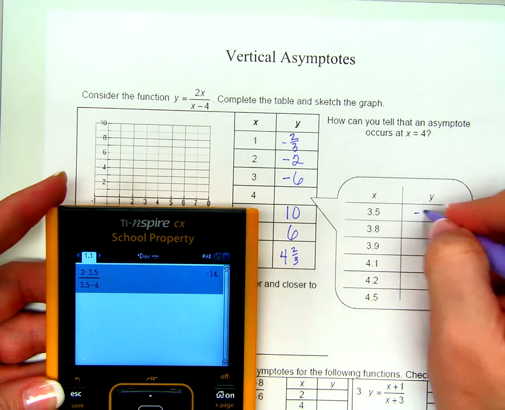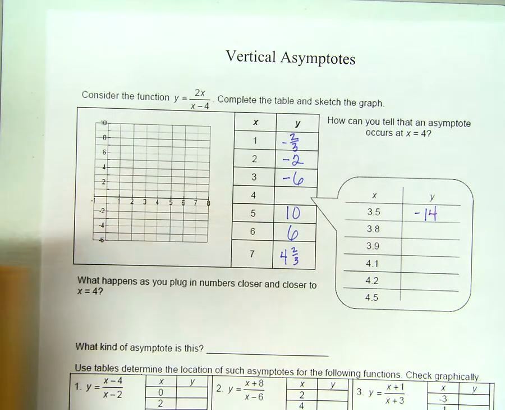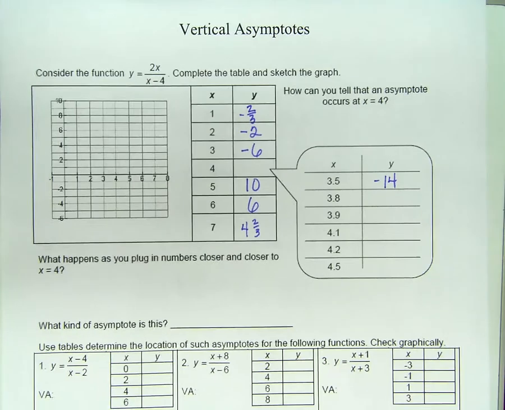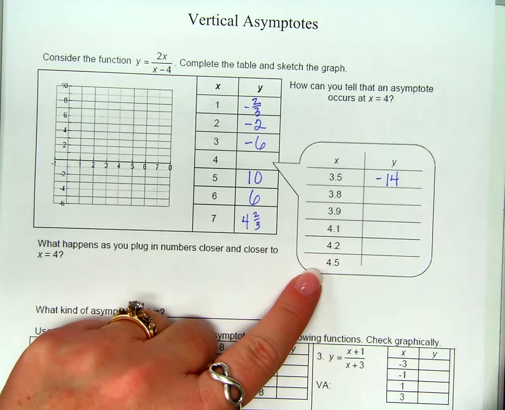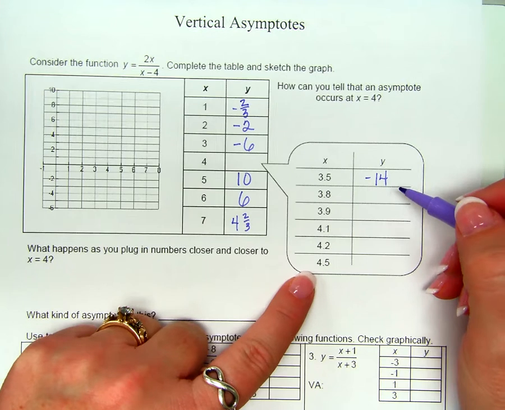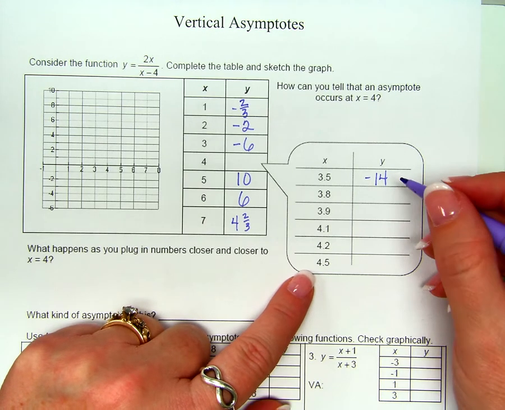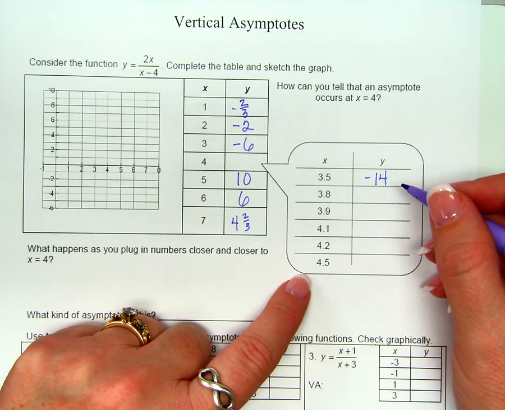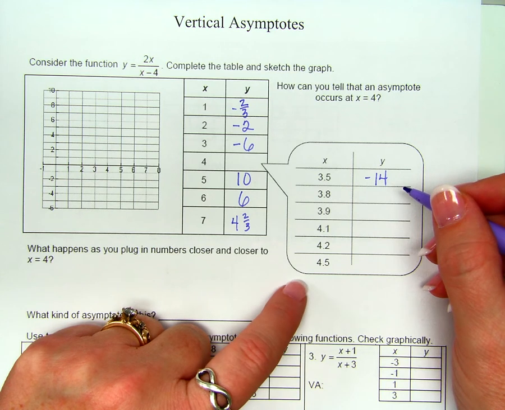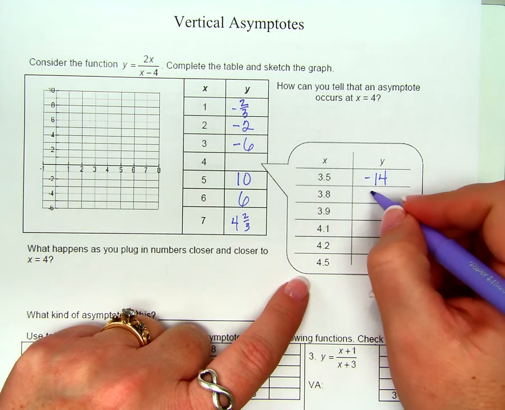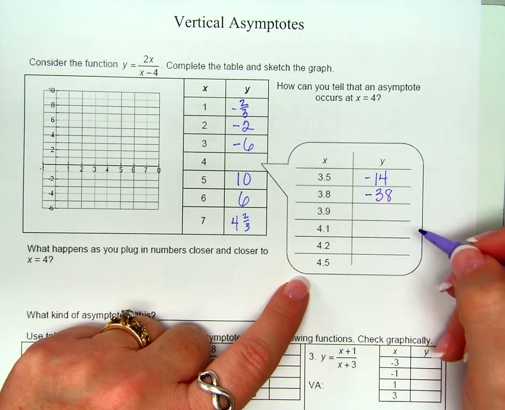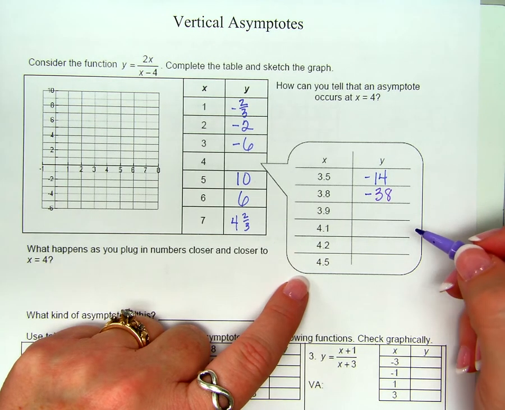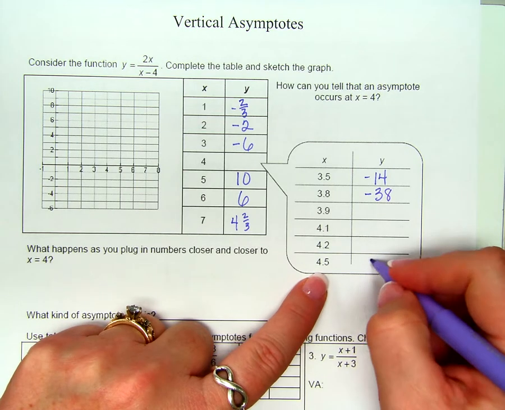Negative 14. Okay, I just did 3.5. Somebody else do 3.8. Somebody else do 3.9. Somebody else do 4.1, 4.2, and 4.5. When you get it, tell me which x value you had and tell me what you got for your y value. Which one did you do? 3.8? Negative 38. Okay. 4.5 is 18.